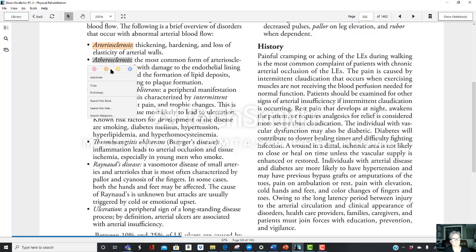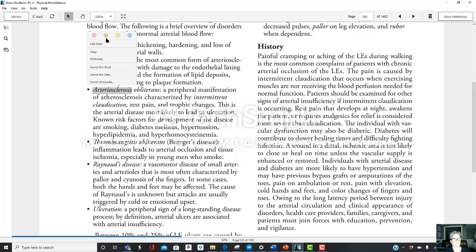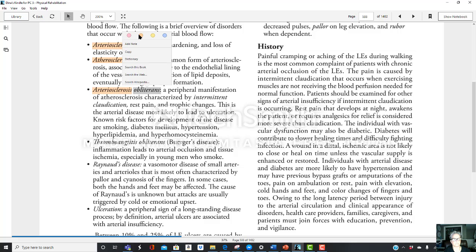Arteriosclerosis obliterans, a peripheral manifestation of atherosclerosis, is characterized by intermittent claudication, rest pain, and trophic changes. This is the arterial disease most likely to lead to ulceration. Known risk factors for development of the disease are smoking, diabetes mellitus, hypertension, hyperlipidemia, and hyperhomocystinemia.